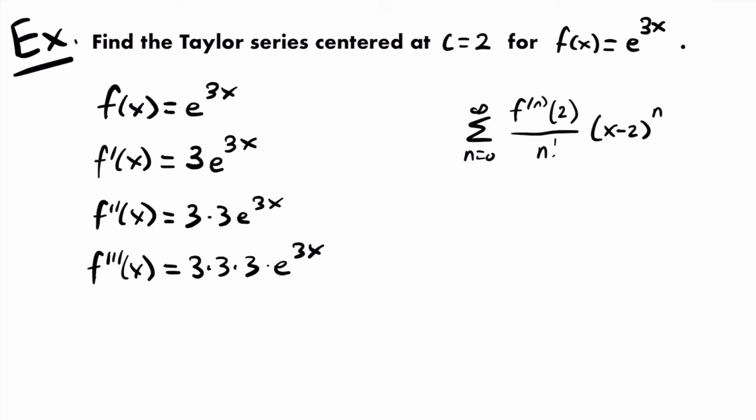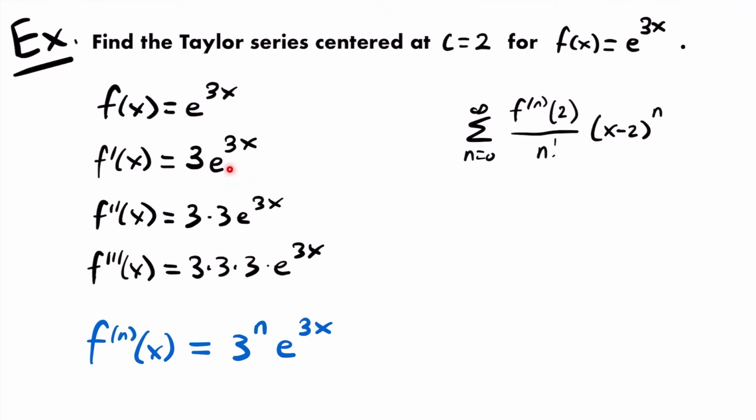Okay, now we could go on forever. I could write out the fourth derivative, the fifth derivative, and so on, but by this point, I think we can see the pattern that's happening with our derivatives, right? We could say that the nth derivative of our function will be equal to 3 to the power of n times e to the power of 3x, right? We're always going to have that e to the power of 3x in every single derivative, so we have that right here.